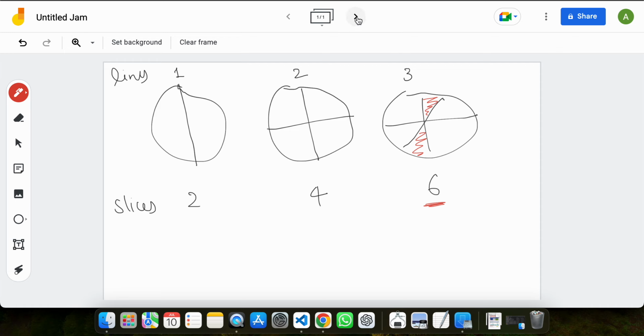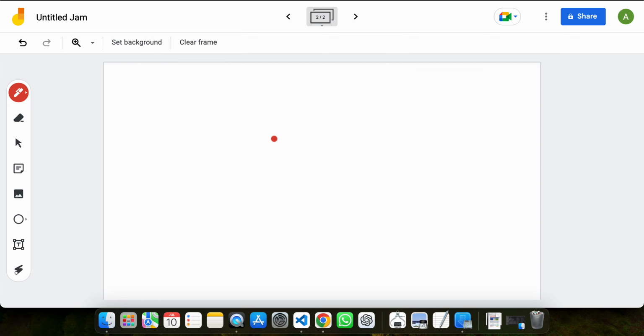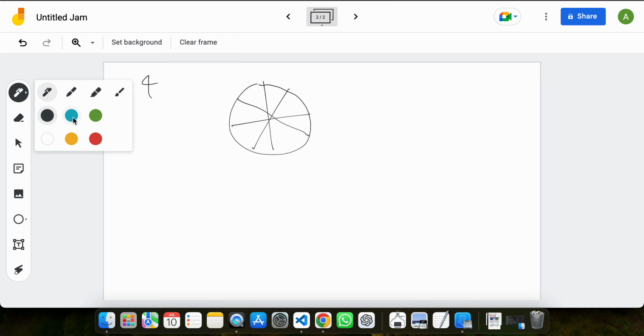Similarly, if we have 4 lines, we are drawing 4 lines on the pizza like this, 1 2 3 4. So how many slices are we going to get? We will get 4 times 2, 8 slices.